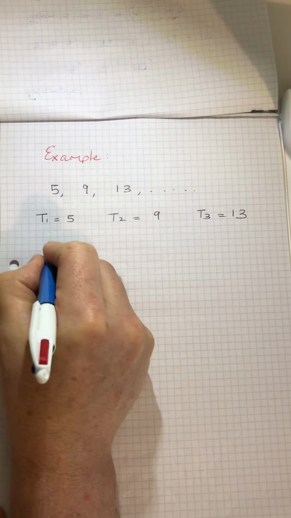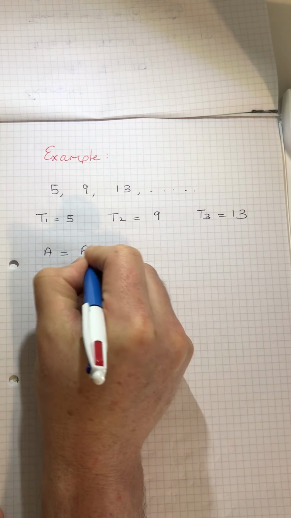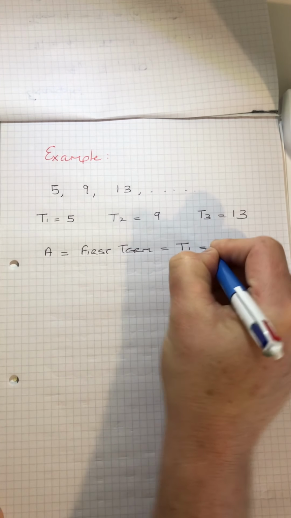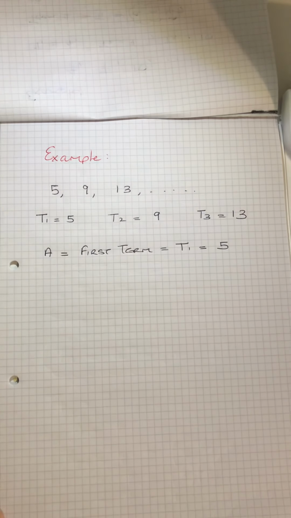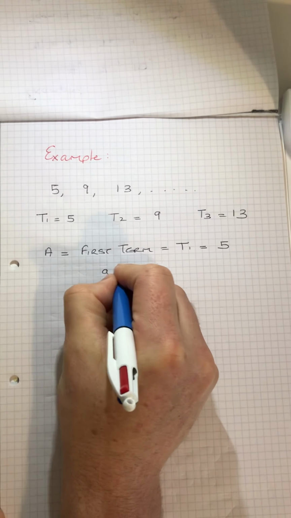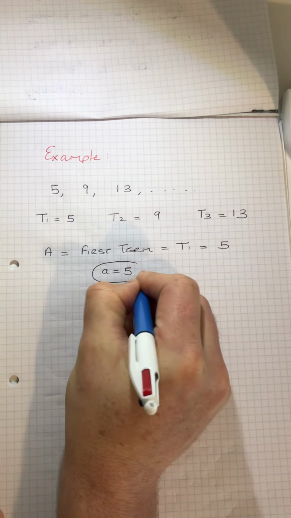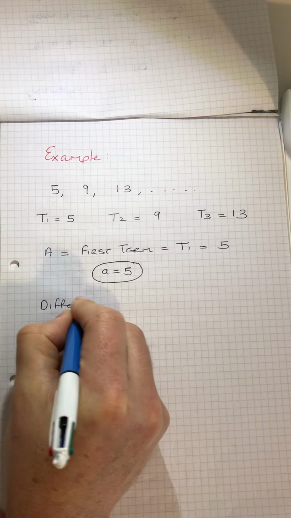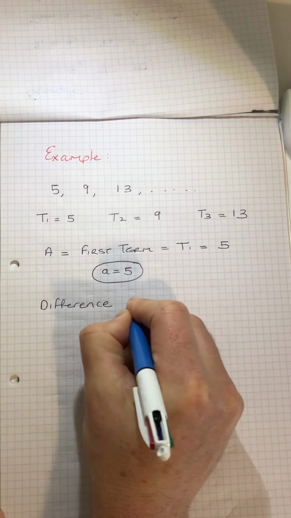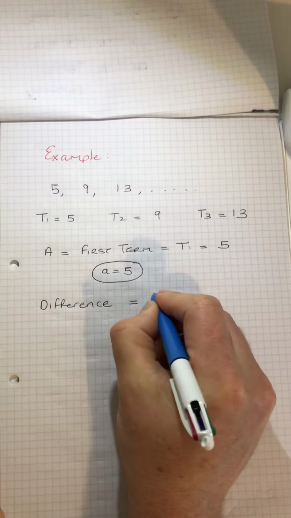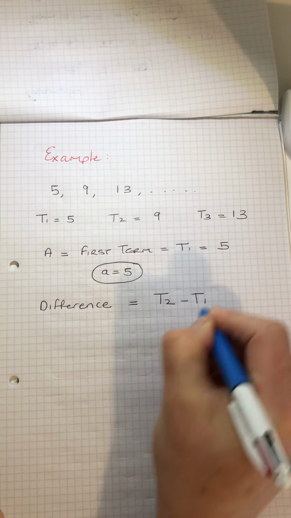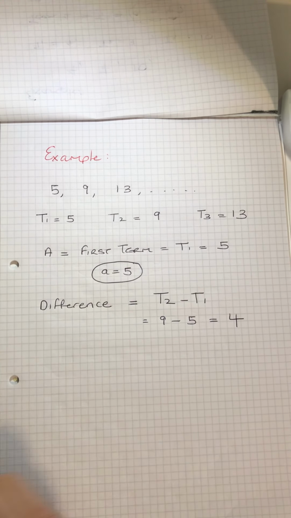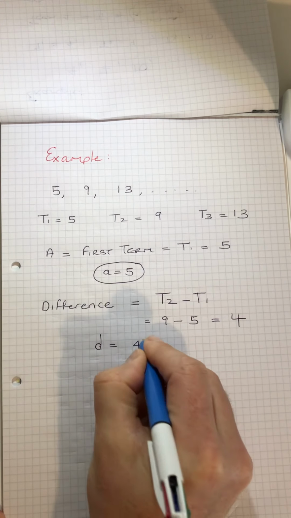So in this case A is equal to the first term or term 1, which is equal to 5. Okay, so A is equal to 5. Now we're looking for the difference. Okay, and the way we find the difference, T2 minus T1, which would be 9 take 5, which is 4. So D is equal to 4.